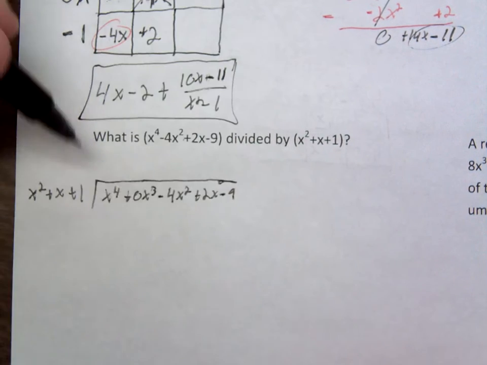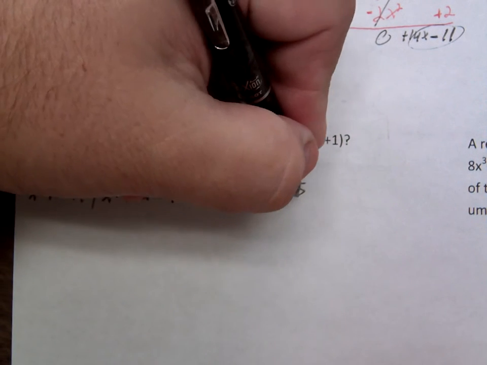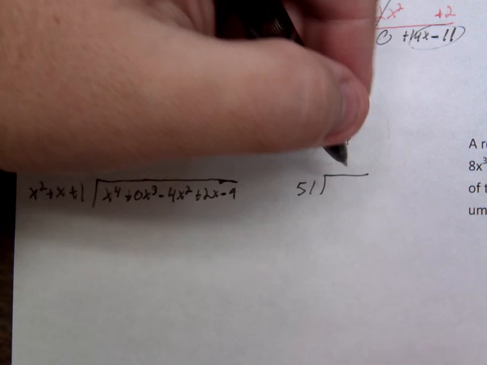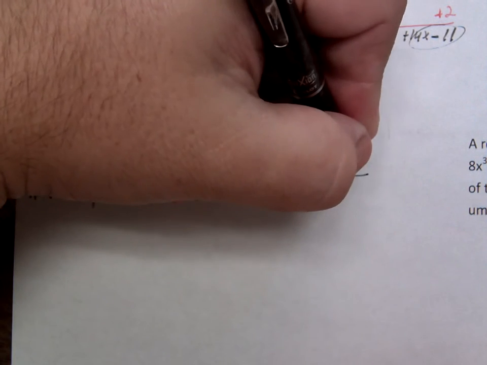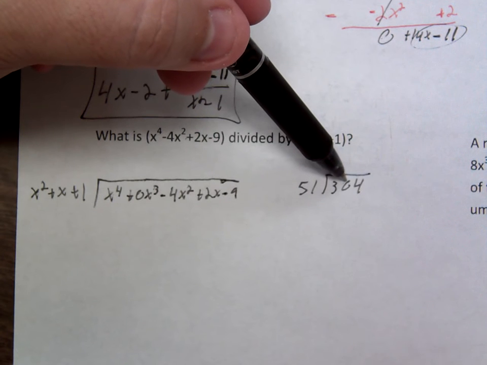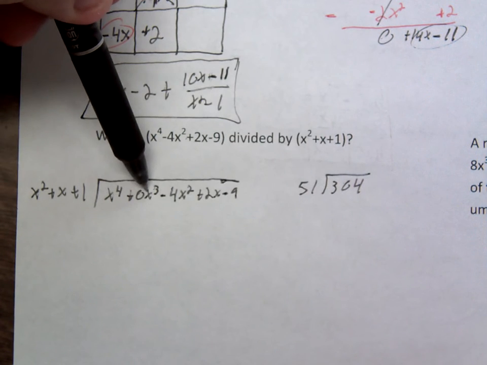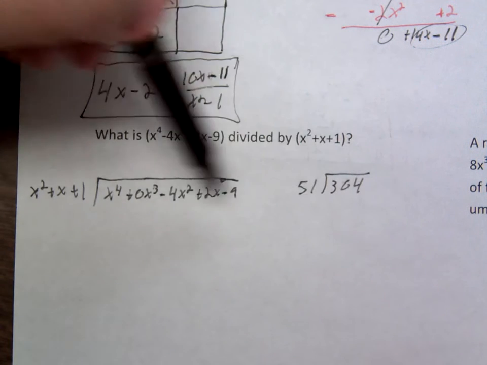And this acts as a placeholder, much as if I were doing a problem like 304 divided by 51. You notice that 0 just tells us there's nothing in the tens place. Same thing here. This is just a placeholder, okay? It's serving the same function for us.